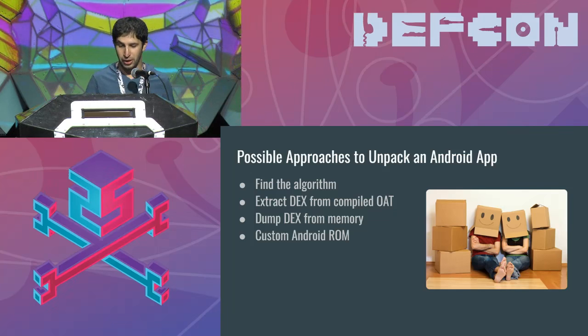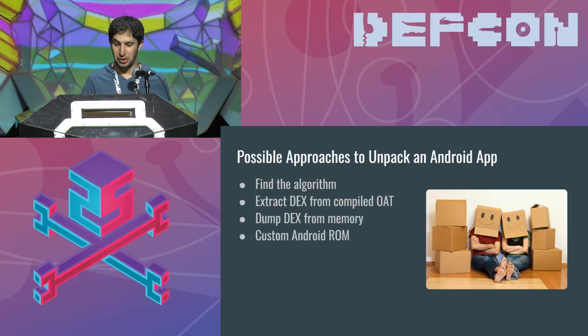Another method could be extracting a DEX file from the compiled OAT. As I said, we have the DEX file inside the OAT. But what we saw in different packers is that you don't have to have the DEX file inside the OAT. You need only part of it. Some of the packers delete the DEX file from the OAT, so you can't just take it and use it.